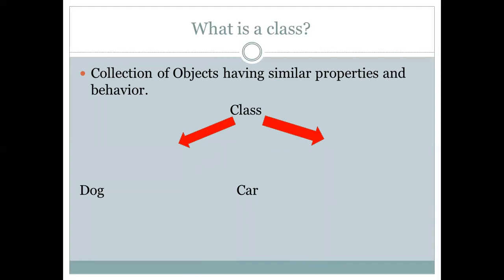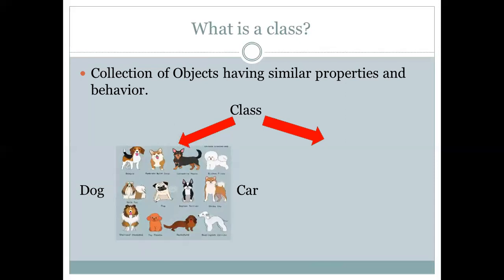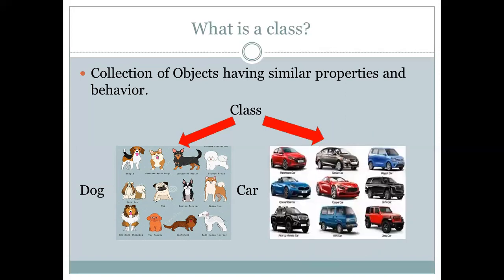All of them will have similar properties and behavior. So I will group all these different dogs into one single class called dog. All these different breeds of dog will come under the class called dog. Similarly, we have different cars available. So we will group all the different cars into one single category, which I call a car.